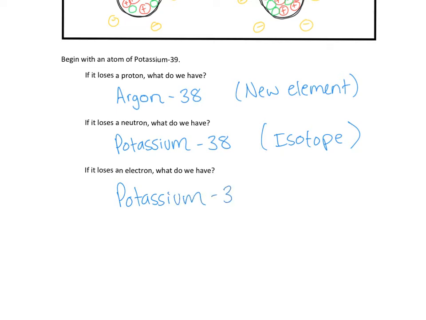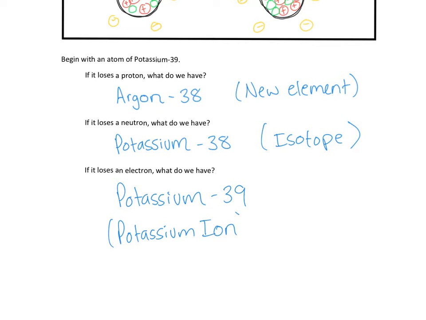No, it's still going to be potassium-39. So what really changes? Electrons don't have mass, right? The only thing they do have is a charge, and they have a negative charge. So if they have a negative charge, then what am I going to be left with? And the answer is, I'm not going to have an atom anymore.